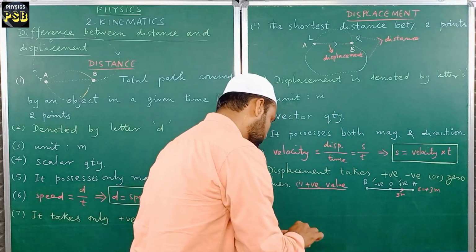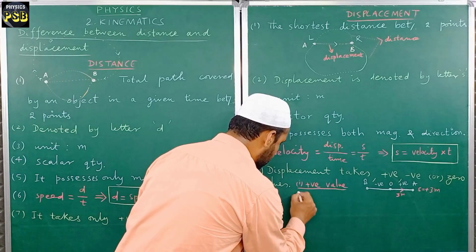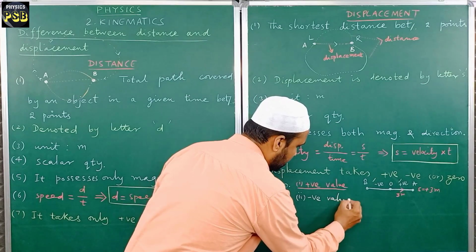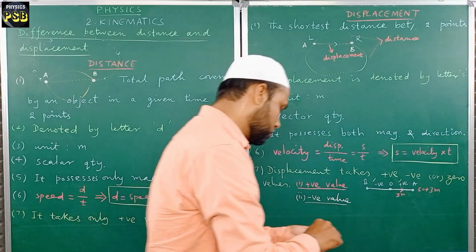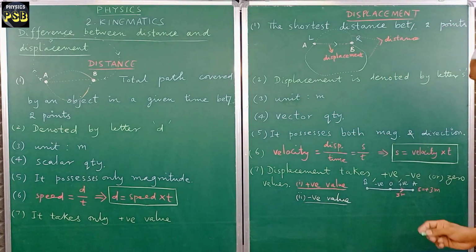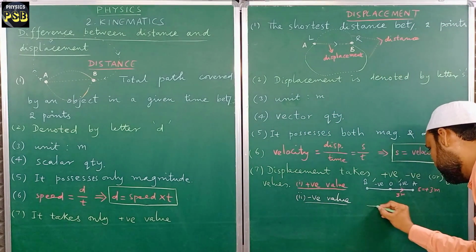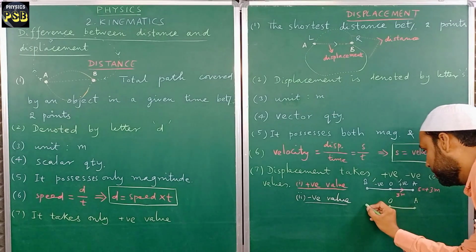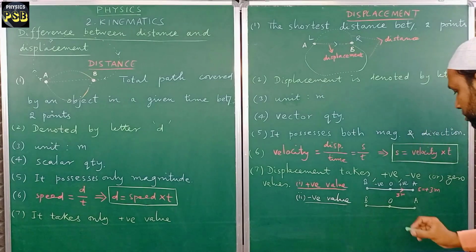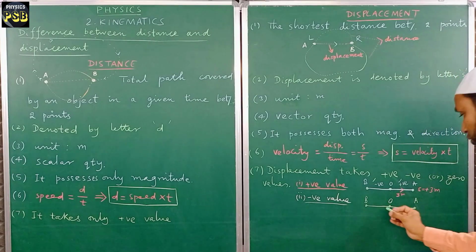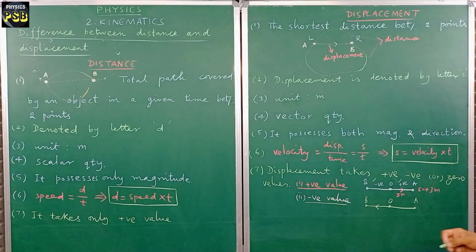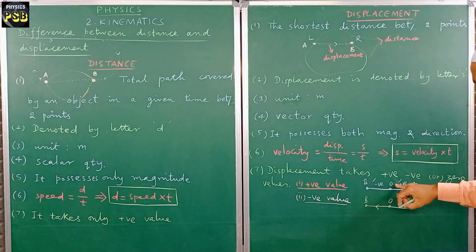Now next, I'll tell you about negative displacement value. When will displacement get a negative value? Now suppose I take the same example here. I draw this line. This is the origin. This is point A. This is the point B. Now if the object is moving towards B along the negative x axis. Now in the first case, the object has moved towards the positive x axis.